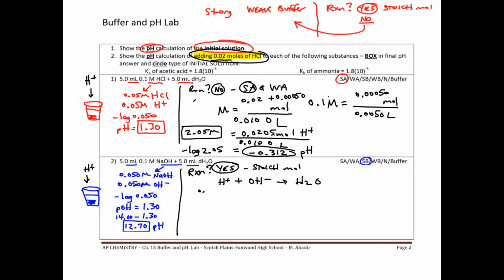Now we just added 0.020 moles of the H plus. Of the OH minus, what did we have before? Let me just make a note here. This was the HCl original.